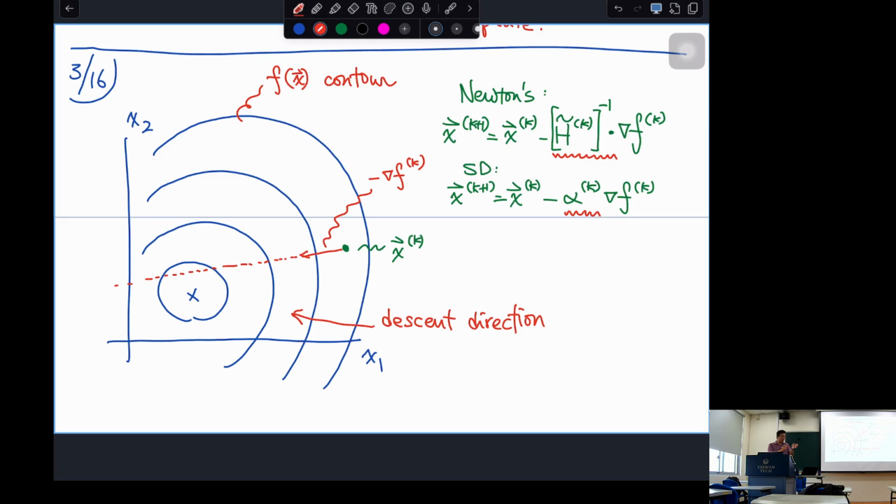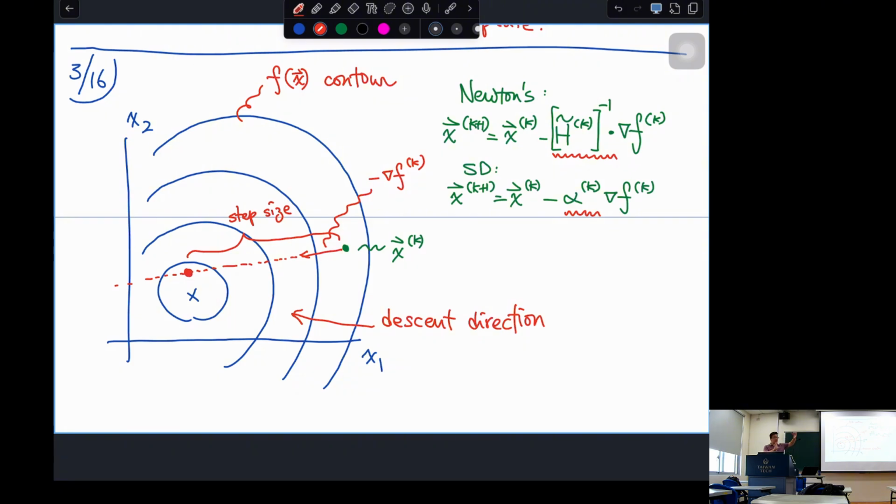The direction doesn't pass through the optimal, unless you are very lucky. And the goal for alpha is to find out the step size. How far away should I move so I can find the lowest point along this particular direction?